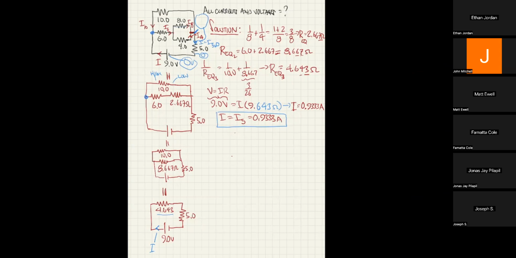So V5 is equal to I5 times 5.0 ohms, which equals 4.6666, carrying a couple extra sig figs there. That's the voltage. And what that means is this bubble right here should be 4.67 volts, basically. So now we know the voltage there.